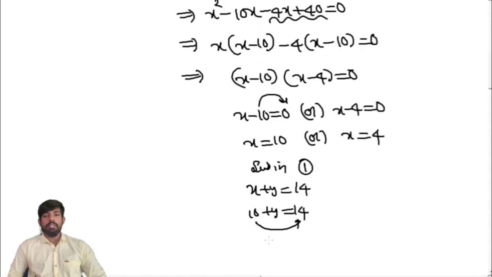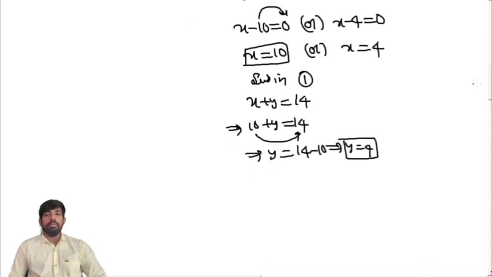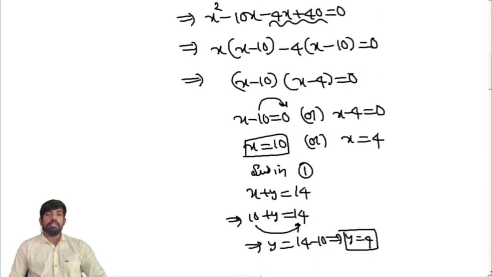Bring this 10 to the right hand side: y equals 14 minus 10, which is y equals 4. Therefore y is equal to 4 and x is equal to 10. These are the two numbers we got. Similarly, if you substitute the other value, you will get the same pair. So 4 and 10 are the dimensions of the rectangle.